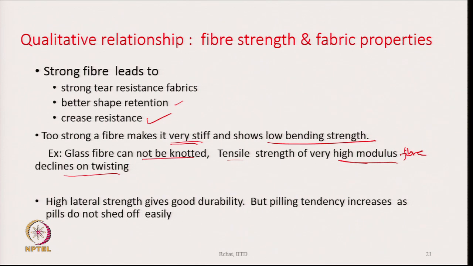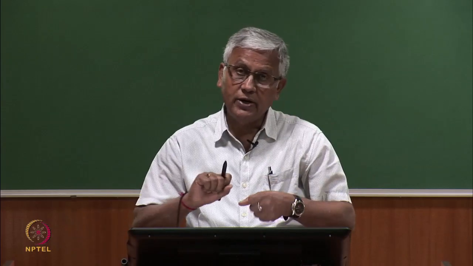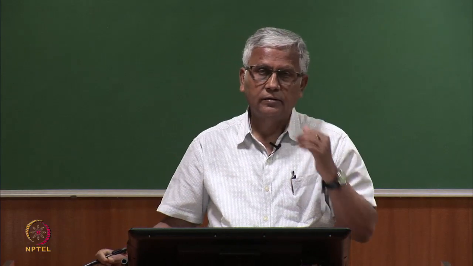All fibers which have extremely high modulus have strength that declines very fast on twisting, because their shear strength is low and twisting results in bending of the fibers.